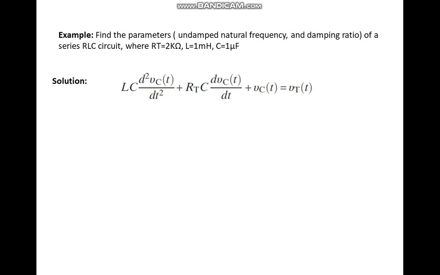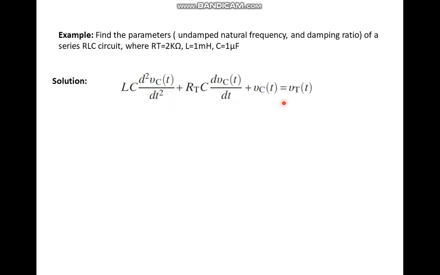For an example, we are given a series RLC circuit and are asked to determine the parameters, such as the undamped natural frequency omega naught and damping ratio zeta, of the series RLC circuit. Now we know that for a series RLC circuit, we have previously derived the equation in terms of the voltage across the capacitor, VC, which is this one.